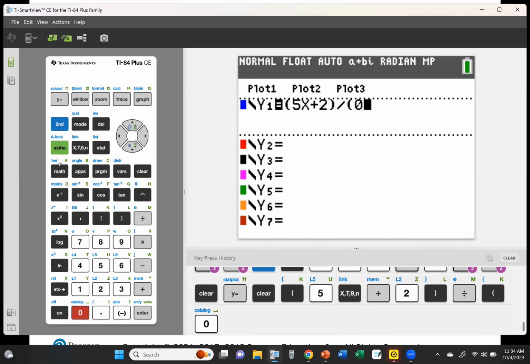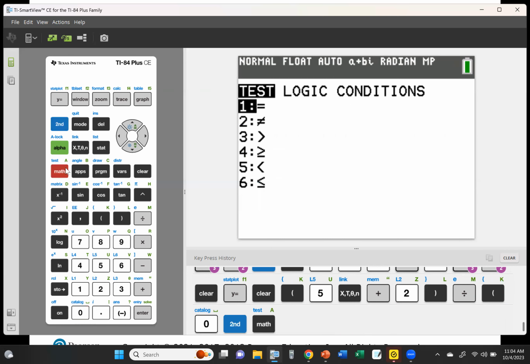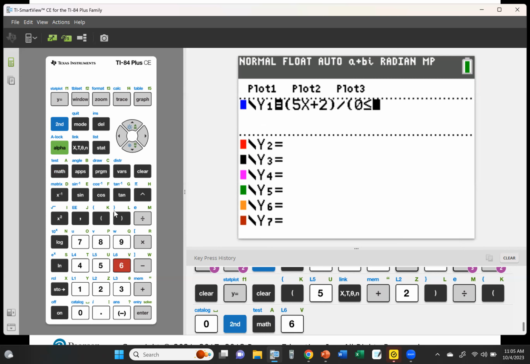And that's where I'm going to get that symbol. So I'm going to go second math. And where's my less than or equal to? Is that number 6? So 0 is less than or equal to what? X. So x is greater than or equal to 0. It's also less than 3.